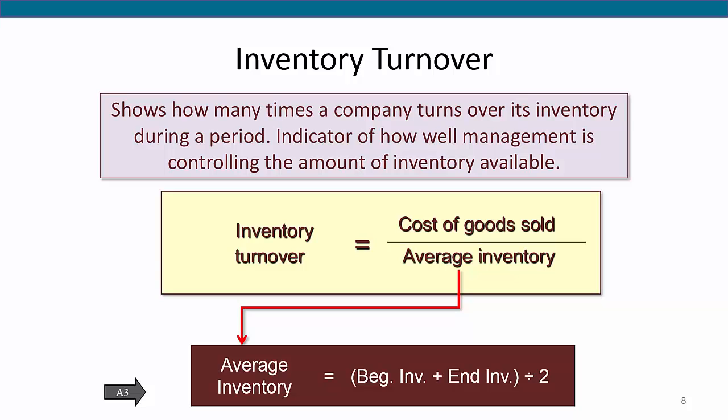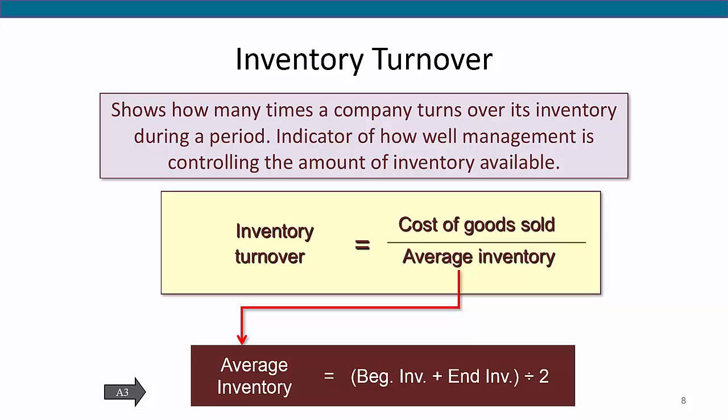Inventory turnover, also called merchandise inventory turnover or simply turns, is one ratio used to assess this and is calculated as cost of goods sold divided by average inventory. This ratio reveals how many times a company buys and sells or turns over its inventory.